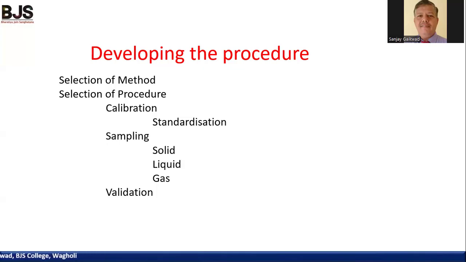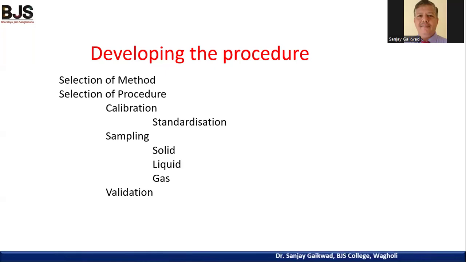And for sampling, whether the sample is solid state, liquid state, or gas state. Now, these samples can be converted from solid to liquid, liquid to gas, or gas to solid, or gas to liquid. What type of sample is required depends on the selection of the method and equipment, and sampling should be as per the requirement of the method.